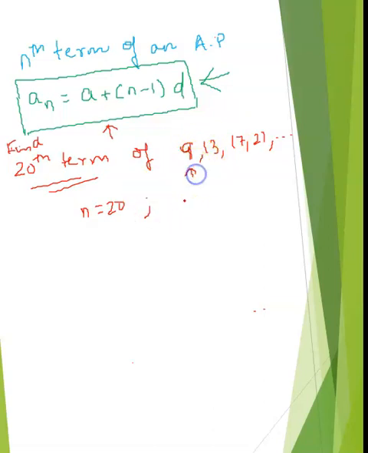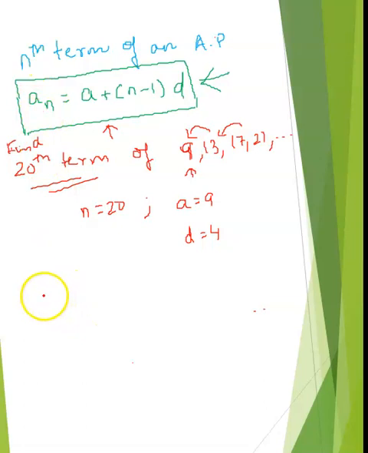You can clearly see 9. So a is equal to 9. And what is the difference? I told you, you have to subtract the preceding term, the term which is coming before. So 17 minus 13 is 4, 13 minus 9 is 4, and 21 minus 17 is 4. So what is the common difference, students? 4. I hope you're getting it. It is simple, nothing complicated.